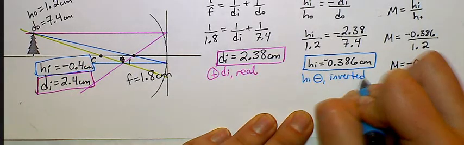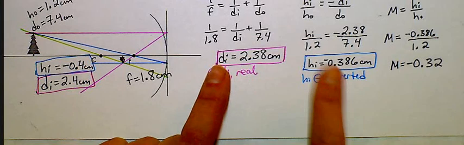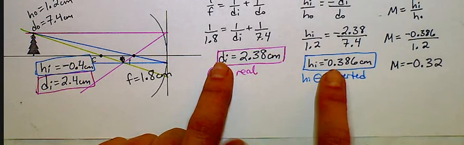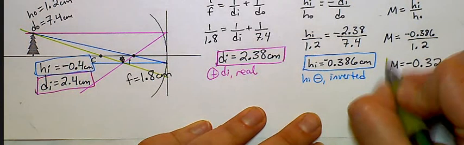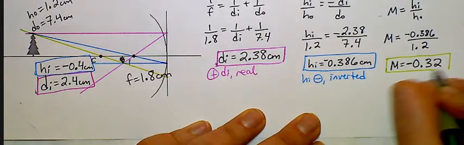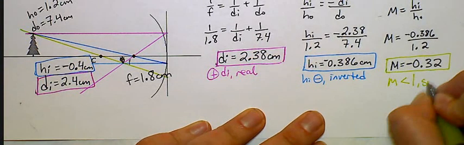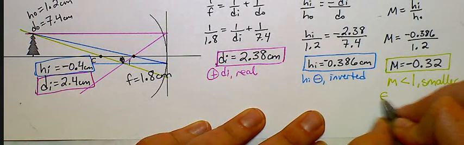And inverted and real will always go together. That also means that your DI and your HI won't have the same sign. You'll either have a positive and a negative, or a negative and a positive. And the magnification is less than 1, which means it is smaller. And the negative magnification means that it's inverted as well.